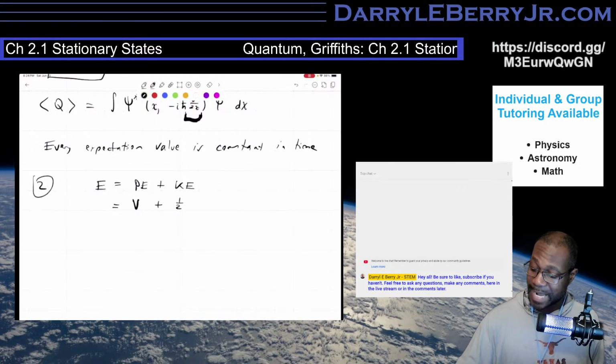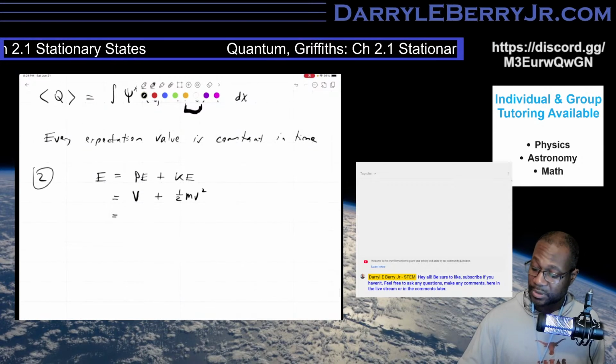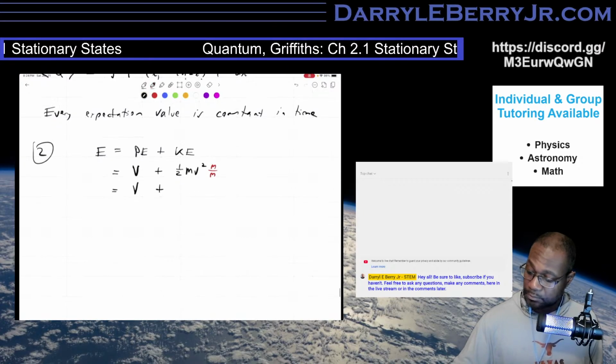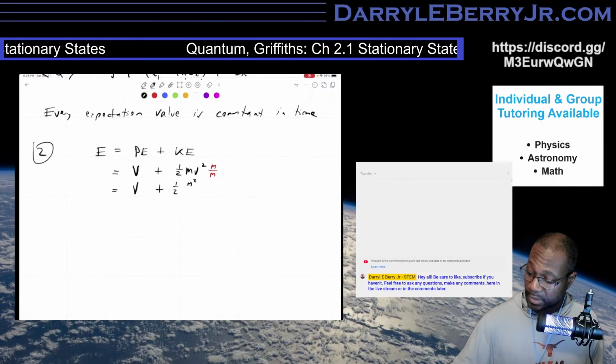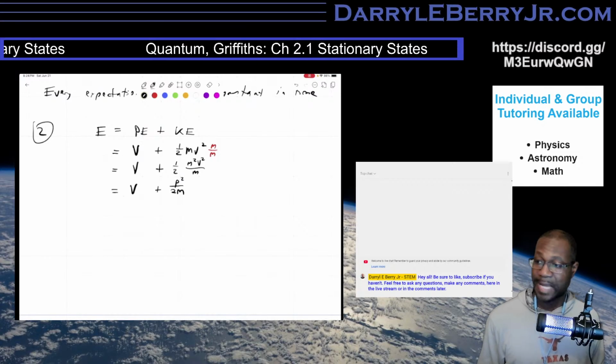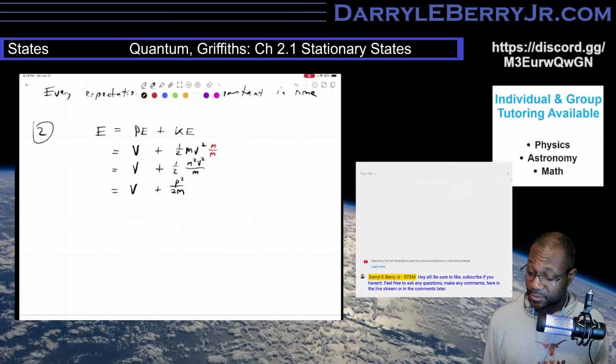Utilizing the same classical idea, we can multiply the kinetic term by m over m, and this ends up being 1/2 m squared v squared over m. So this ends up being plus p squared over 2m, because m times v is momentum. We have that squared and divided by 2m.